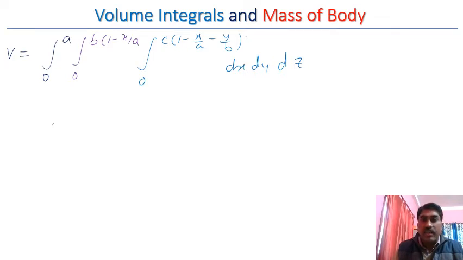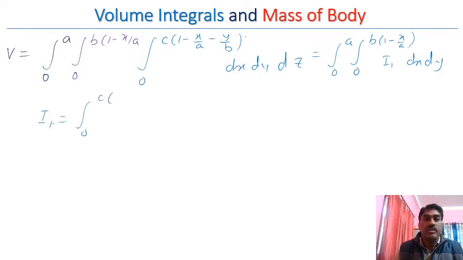So again we can write it as 0 to a, 0 to b times 1 minus x by a, I1 dx dy. Then what is I1? I1 is the integral from 0 to c times 1 minus x by a minus y by b of dz, and this is just c times 1 minus x by a minus y by b. This is the value of I1.